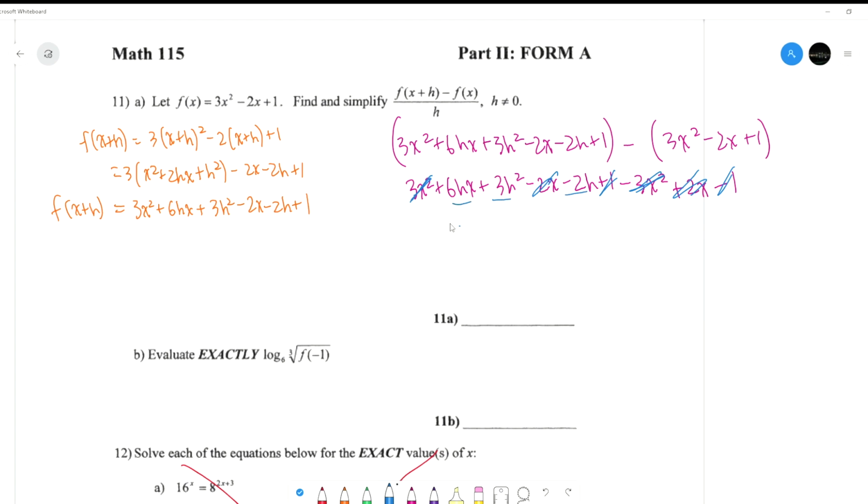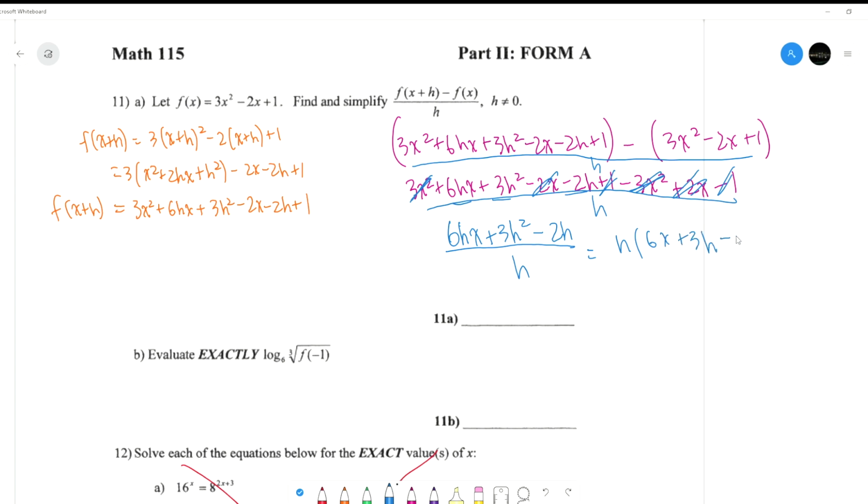So we have 6hx plus 3h squared minus 2h, right, over h. I didn't write the over h earlier. Maybe I should write that here. Over h. Now, I see h is a common factor. So let me factor that out, and I get 6x plus 3h minus 2 over h. And because h is not equal to 0, you can cancel these out, and your final answer is 6x plus 3h minus 2.